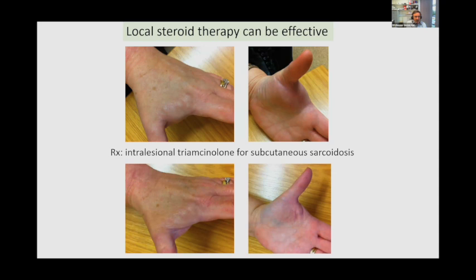So topical, local treatment, if possible. If not, then the treatment is the same as treatment of sarcoidosis anywhere else, with steroid tablets and other drugs. And again, the same discussion about weighing up benefit against downsides needs to be had.